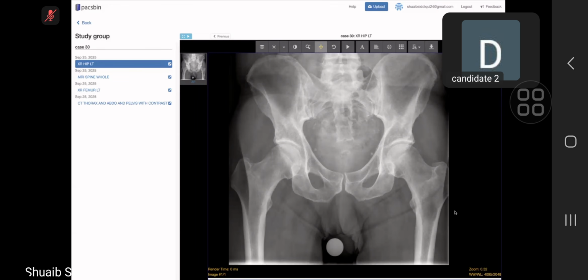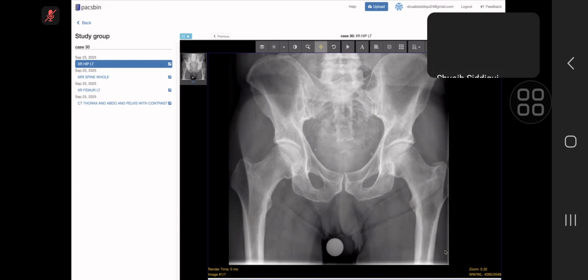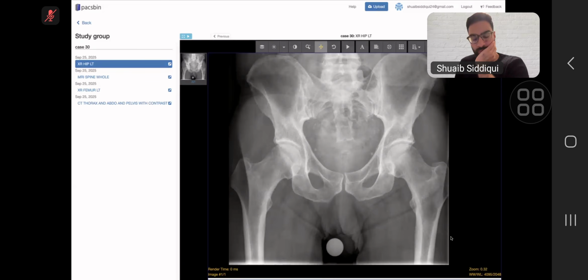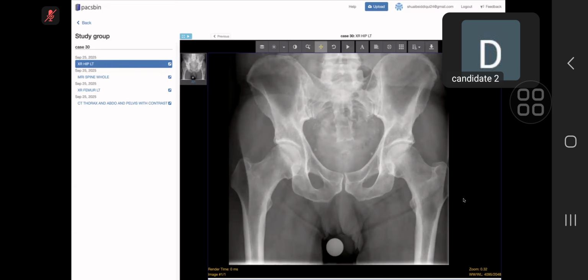There is no evidence of pathological fracture related to it, and it appears to have a slightly wide zone of transition. So what's your differential? In this age with this lucency, it could be multiple myeloma, it could be metastasis, it could also be lymphoma.